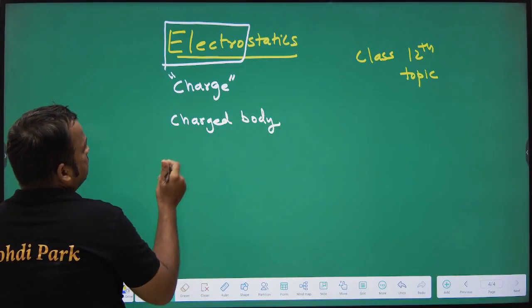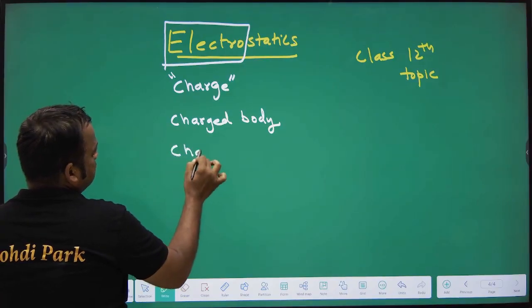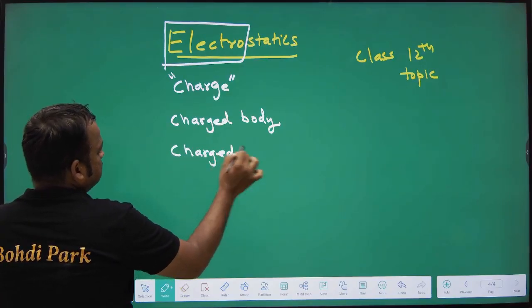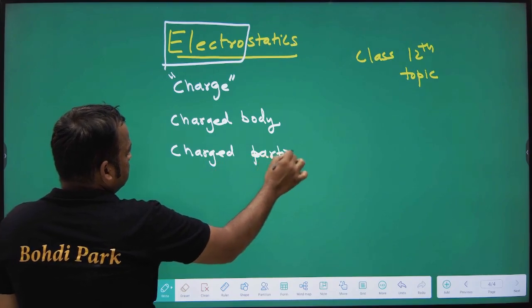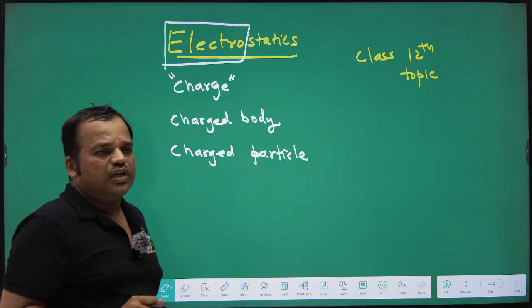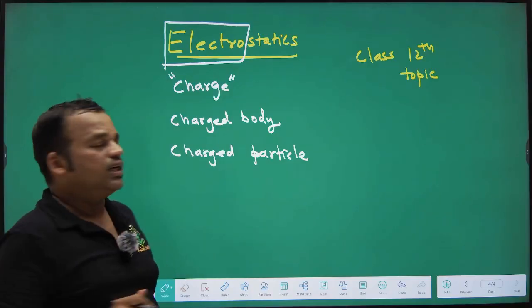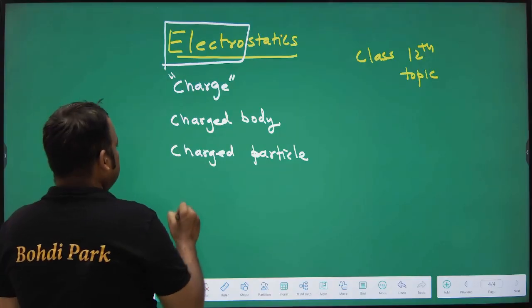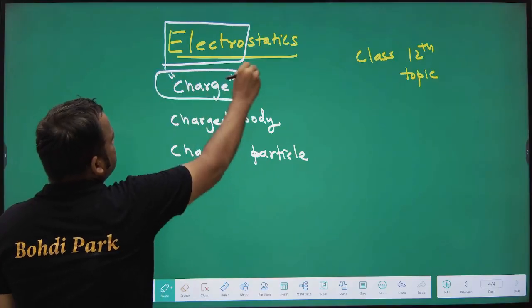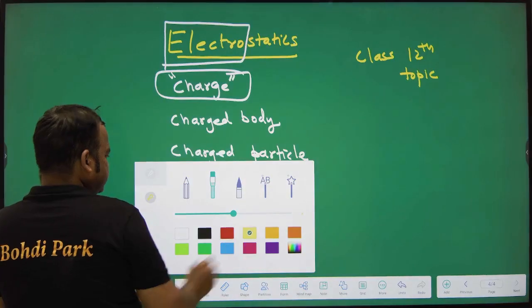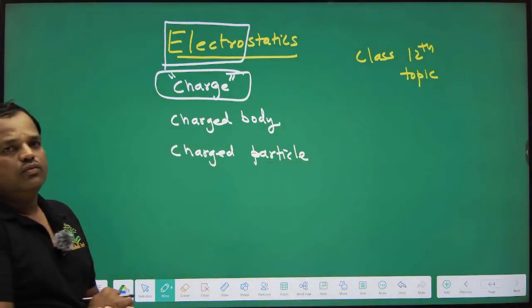And what is a charged particle? What do you mean by charge? What do you mean by a charged body? What do you mean by a charged particle? So what is a charge?